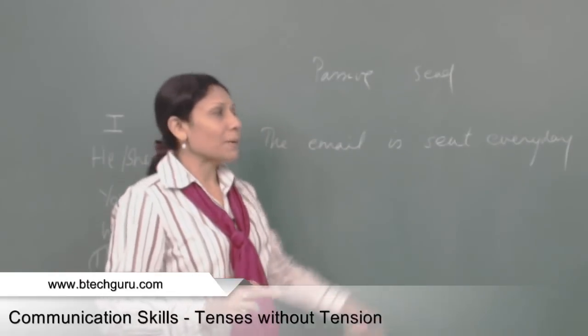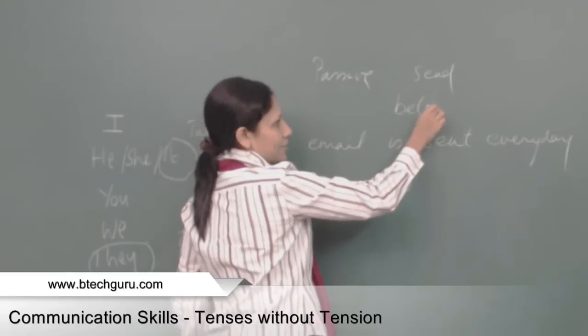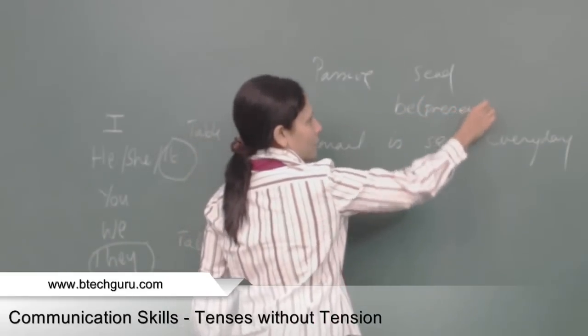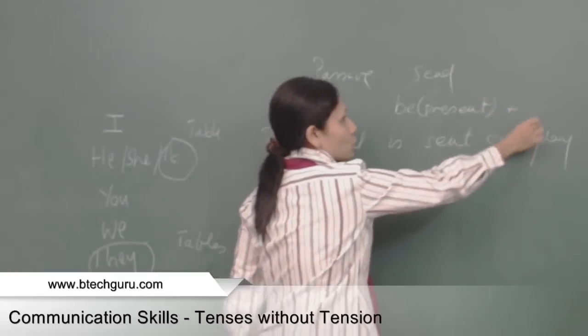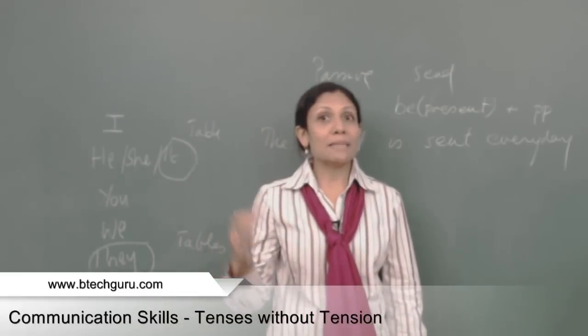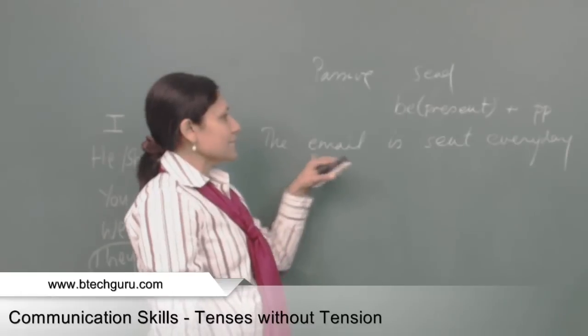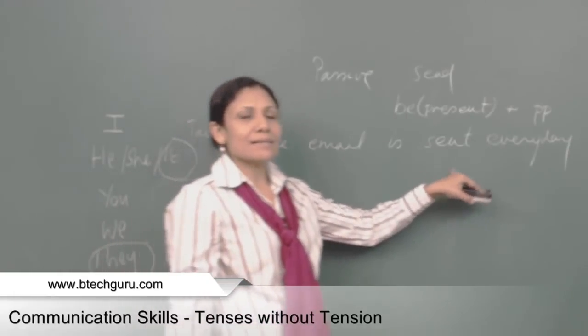And how we have made passive in the present is we have used the be verb in the present tense, and we have used the past participle. So again we are going back to that past participle, which is nothing but sent. And how we have made it is the email is sent every day.